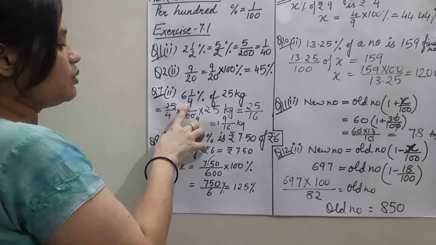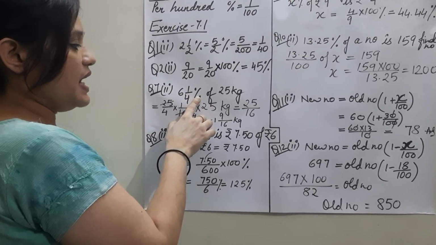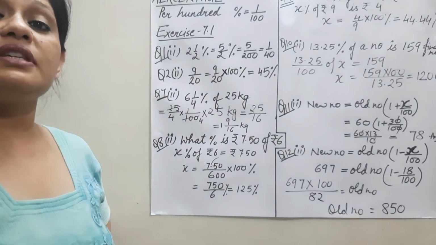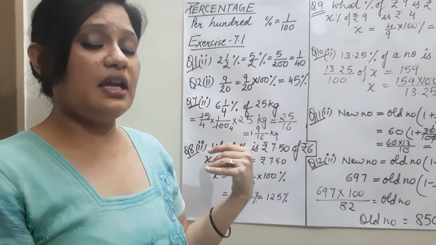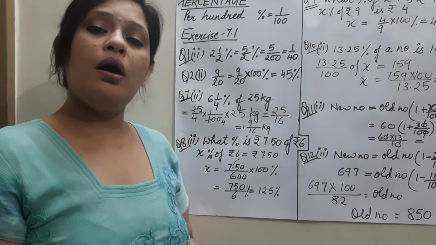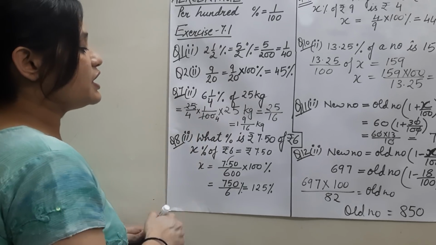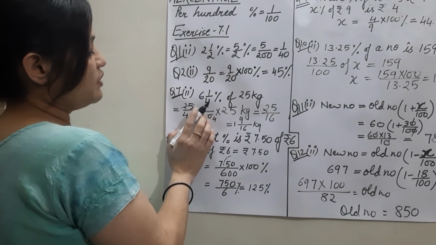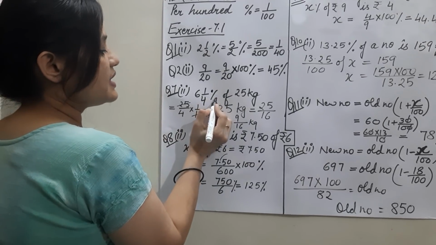Question number 7. I am taking question number 7. It is 6 whole 1 upon 4% of 25 kg. Clear? How to calculate? They are saying find out the value of 6 whole 1 upon 4% of 25 kg. So first of all, we are going to convert it into an improper fraction. So we have got 25 upon 4. Percent sign will be removed.